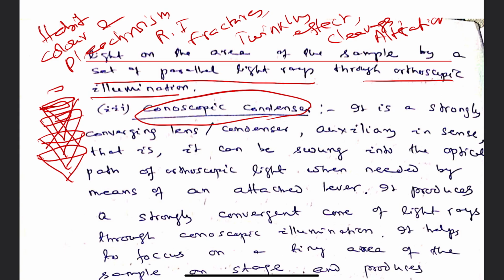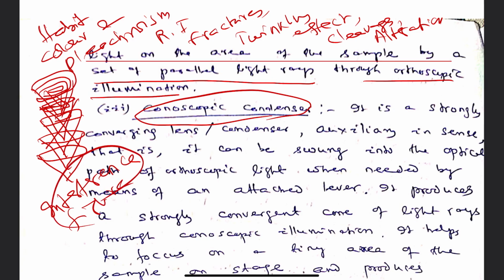In this manner, light falls over the slide of the mineral and the properties are being studied through interference figure. So to produce interference figure, we use conoscopic condenser. For the studies of properties like color, pleochroism, refractive index, fractures, twinkling effect, cleavages, alterations, these properties are being studied in orthoscopic illumination.